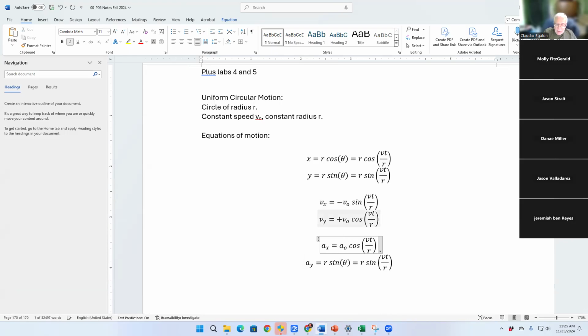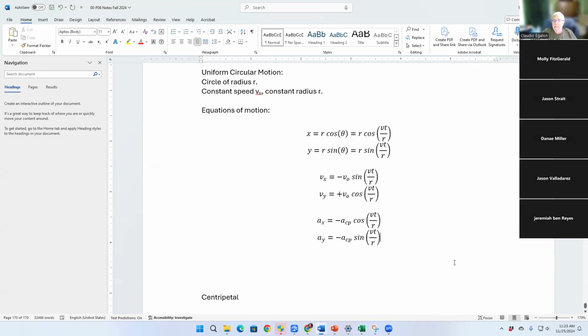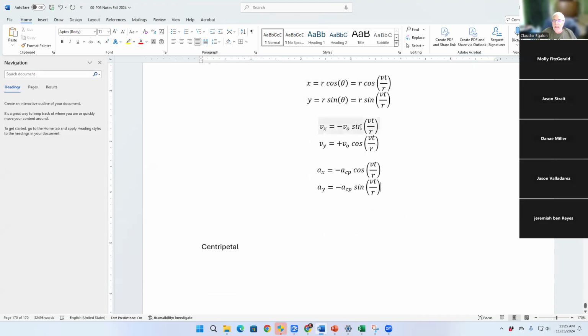This is going to be my centripetal acceleration vector, and here too. But because it points in the opposite direction of the position vector, we must have a negative sign in both of the components. Cosine, sine. Only one term has a negative here, and this term has two negative terms.